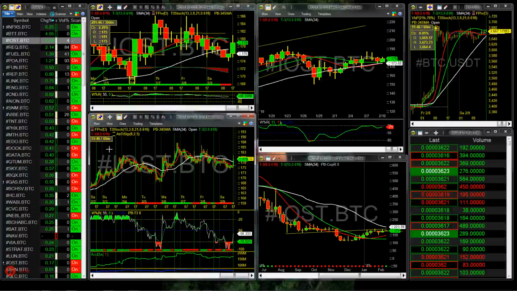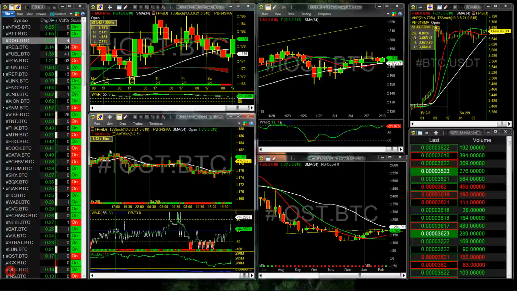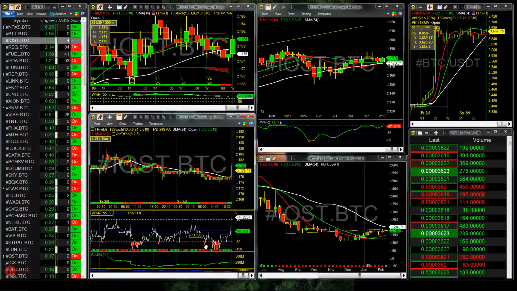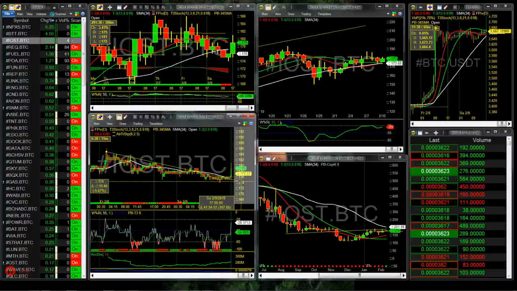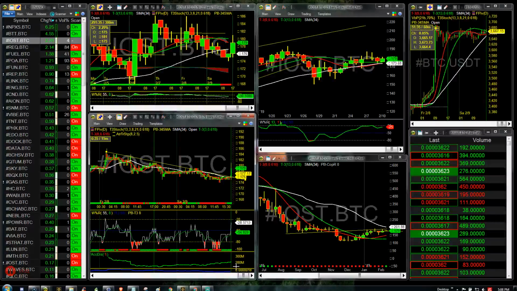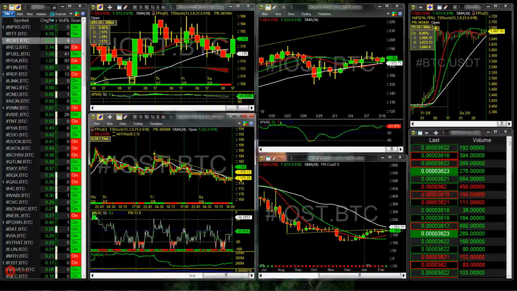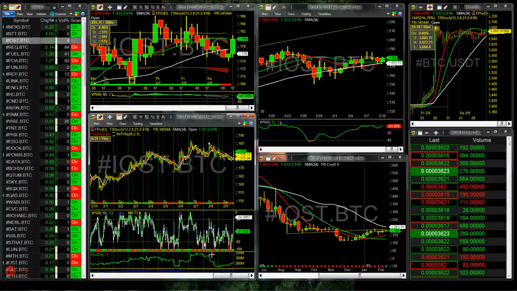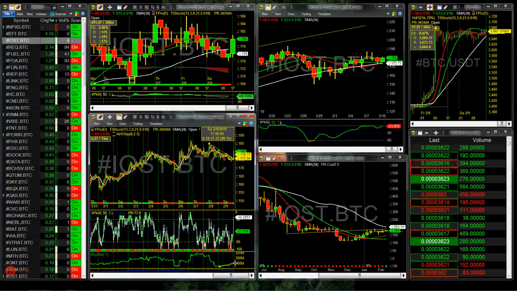Change this to 15-minute chart. You can see the trend line change there. Got an upward trend on accumulation.